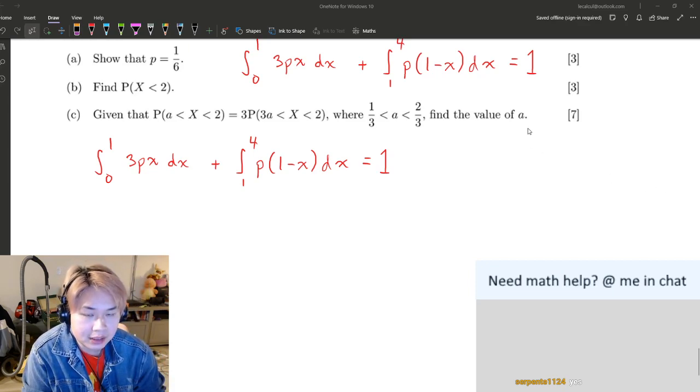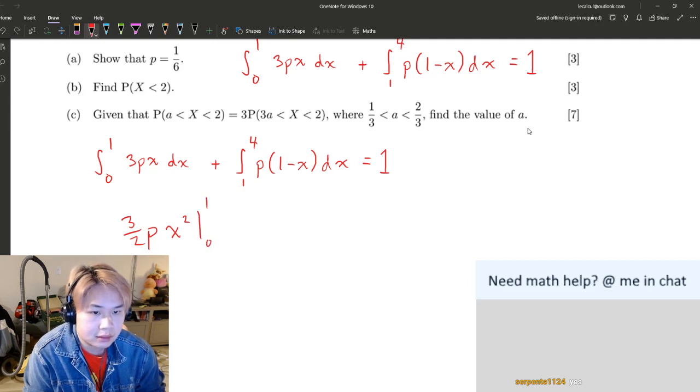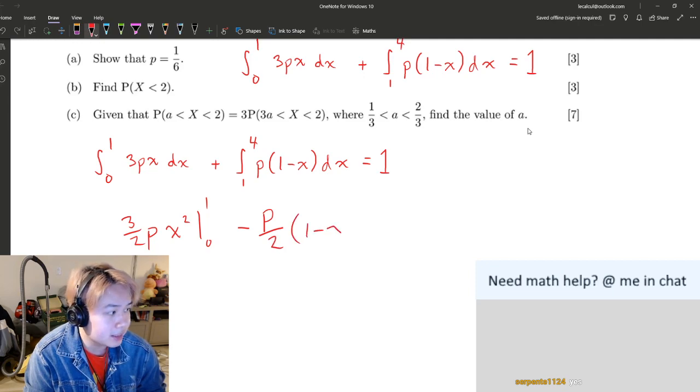So this is going to become, what, 6, nope. 3 over 2 p x squared. And then this one over here, negative p over 2 (1 minus x) squared from 1 to 4.